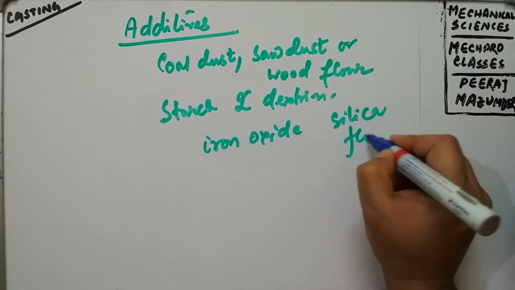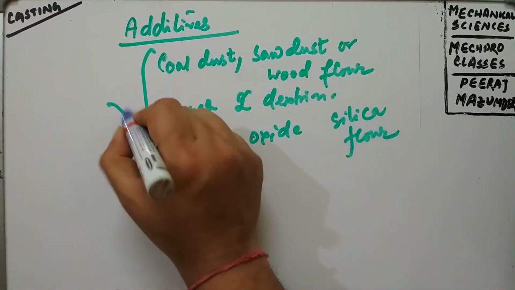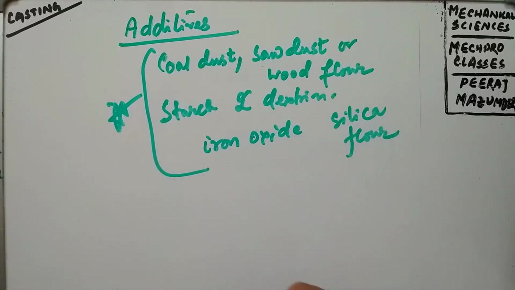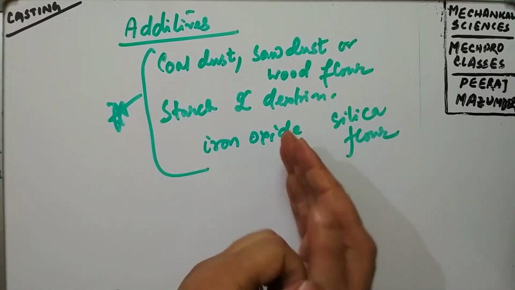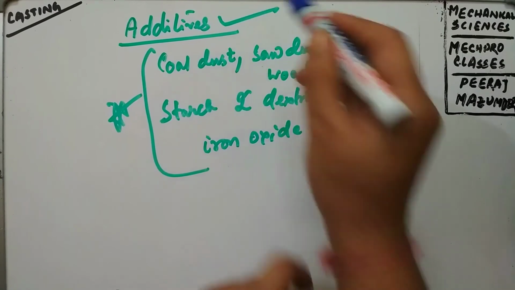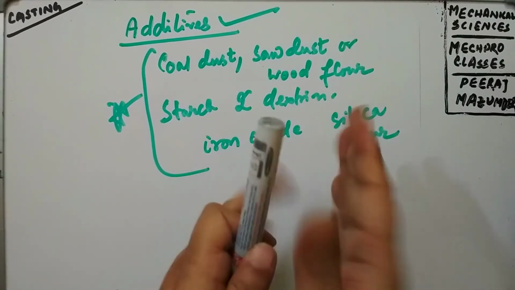So these things you must keep in mind, they are very important for your competitive purposes as well. These are the additives we use during preparation of molding sand.